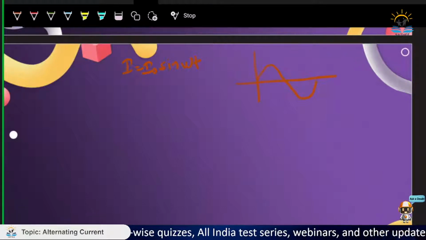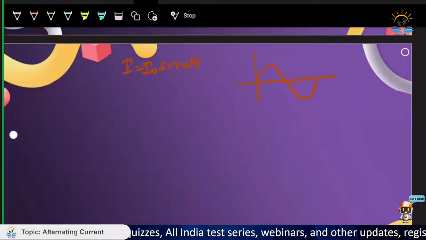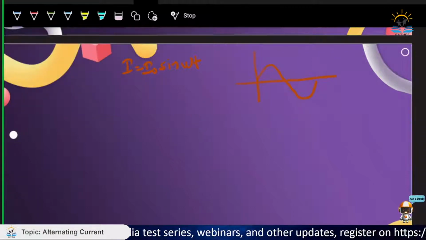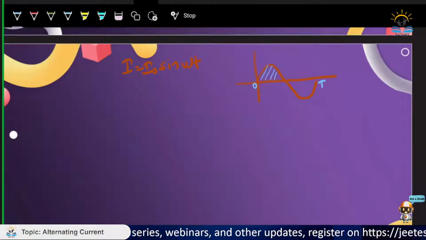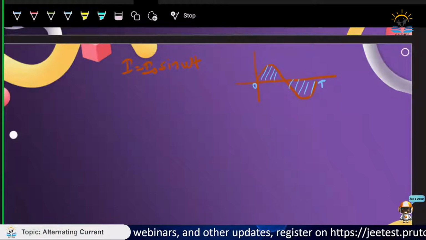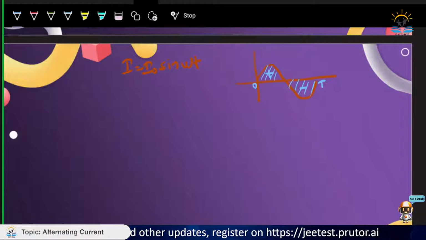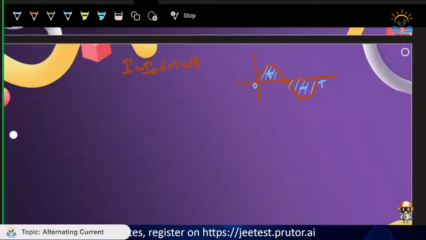This is 0, this is t. If we take the average value from 0 to t, this part will be plus and this part will be minus, so the average value will be 0. So we cannot take the average over the full cycle. We have to take the average value from 0 to t by 2.